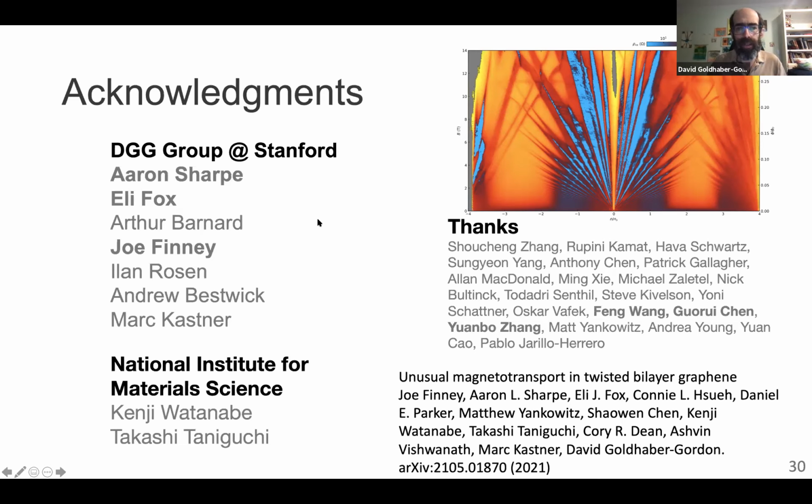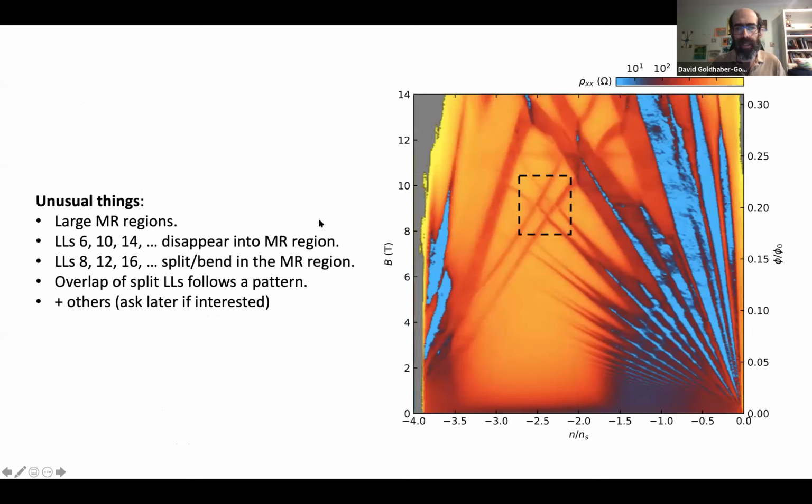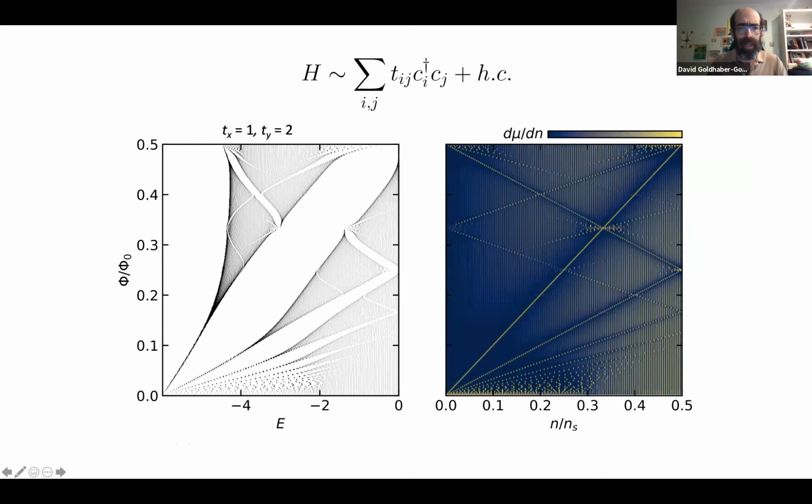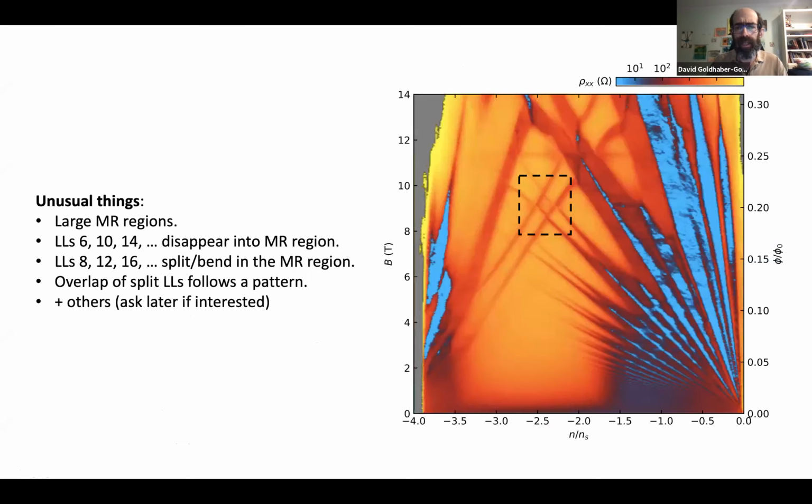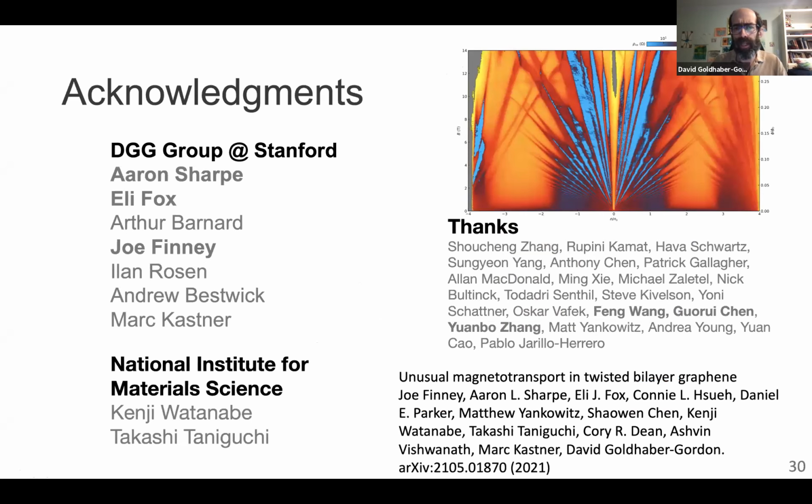So let me now just stay here and make a couple of comments about what may be happening. If you remember, this sample was made by the tear and stack technique. And if you imagine taking a very thin membrane, say a plastic wrap, and tearing it, you might imagine that you would introduce strain.